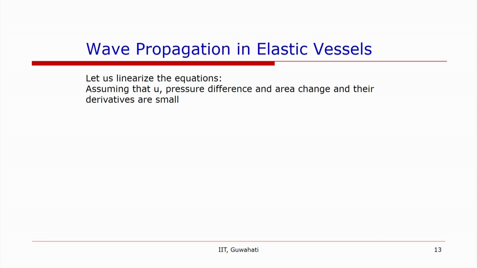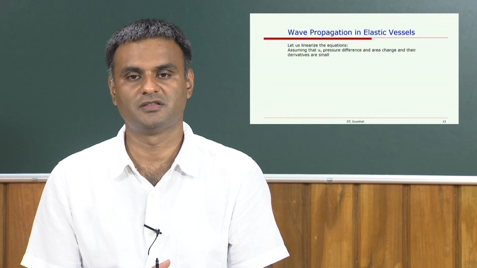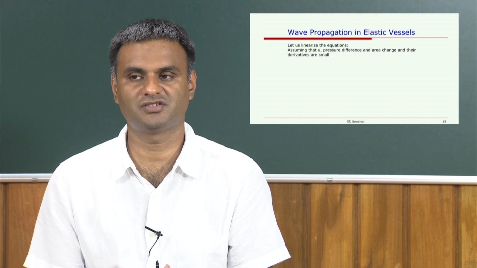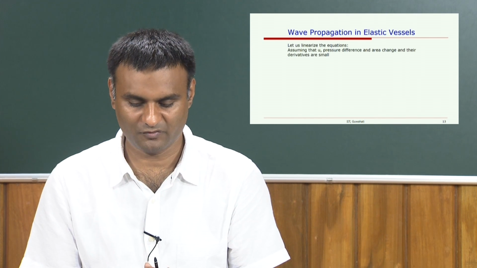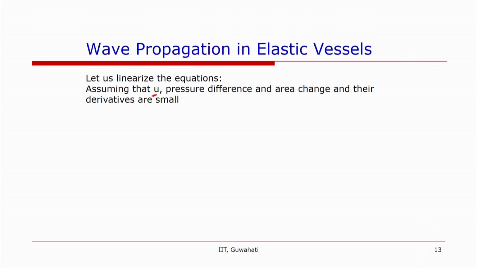To linearize, we will need to make certain assumptions under which these equations can be linearized, or the linearized equations will be valid. So we assume that the blood velocity U is small, the pressure difference between internal and external is small, and the change in the area is small.